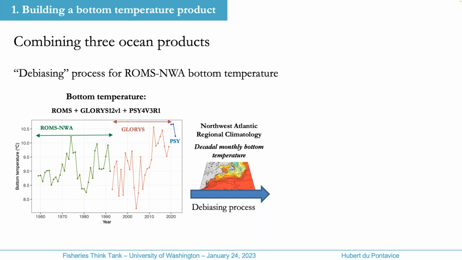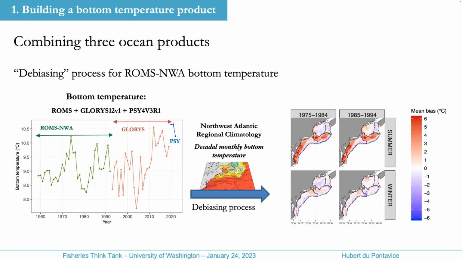So a monthly bias was calculated in each grid cell for each decade over the northeast shelf. Here you can see the mean decadal bias estimates between ROMS and the climatology in summer and winter, which are the most and least biased seasons. So the bias can be very high in some grid cells, especially in summer, and low and even negative in others.